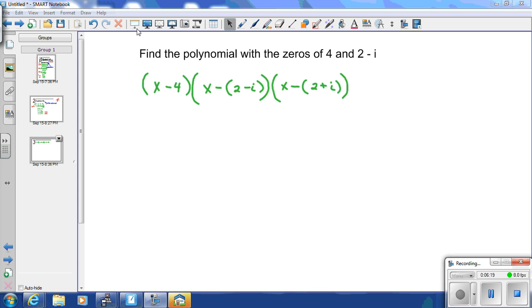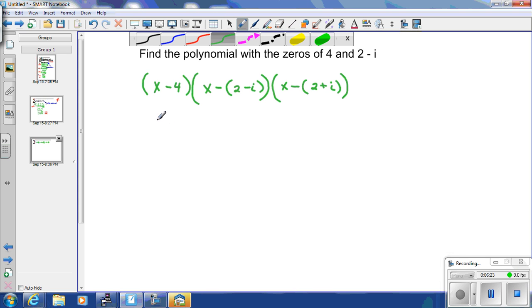Now this could become ugly or it can become pretty neat depending on how we approach it. The way I'm going to highly encourage that you approach this is this way. We are going to rearrange some stuff here. If I distributed this minus through, this becomes minus 2 plus i. And then I'm going to move the parentheses.